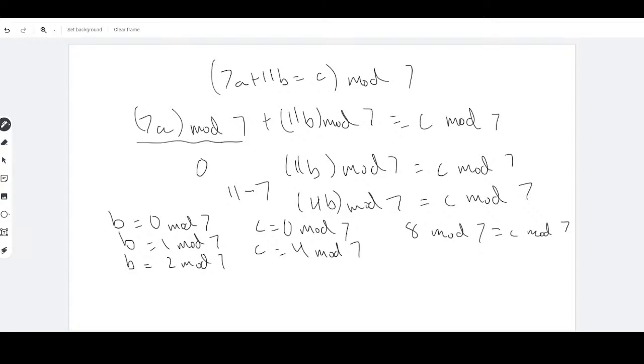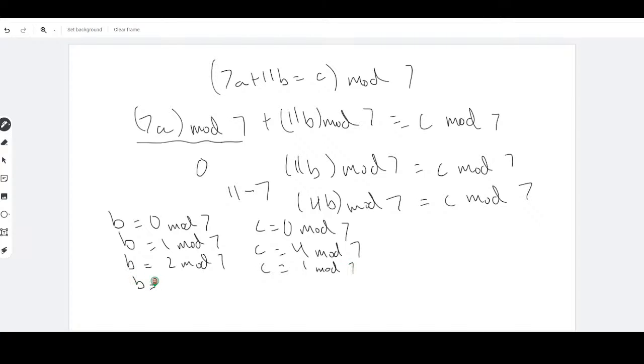So 8 mod 7 we can reduce to 1 mod 7, right? Because 8 divided by 7 gives a remainder of 1. So if B was 2 mod 7, C would be 1 mod 7.